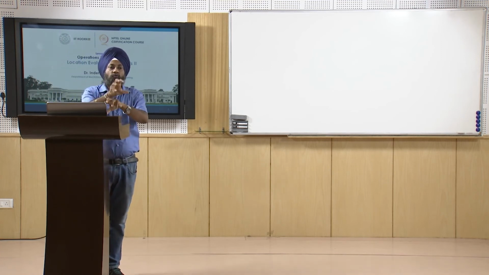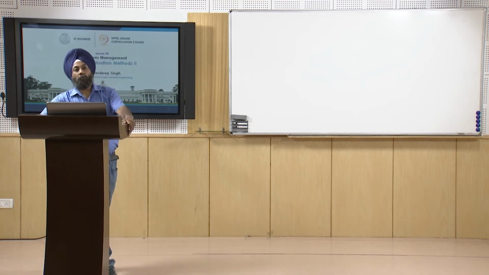The problem was solved for minimizing the distance to be covered by finding the x and y coordinates of our warehouse. But in many multinational companies, we may have a different problem.